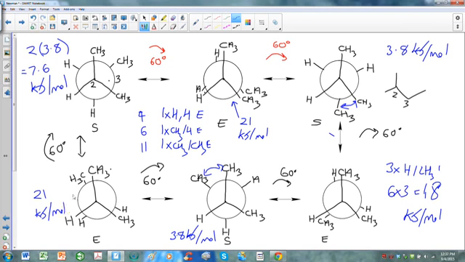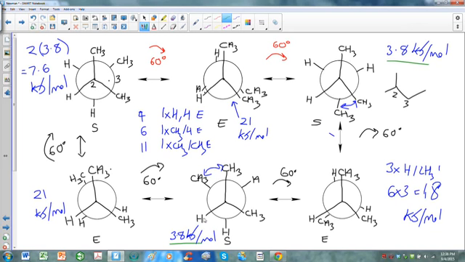So then the last question here is, which of these conformations is the most and least stable? Well, of course, the one that's most stable is the conformation or conformations that have the lowest energy, and that is this one and this one. As you would imagine, these are staggered.